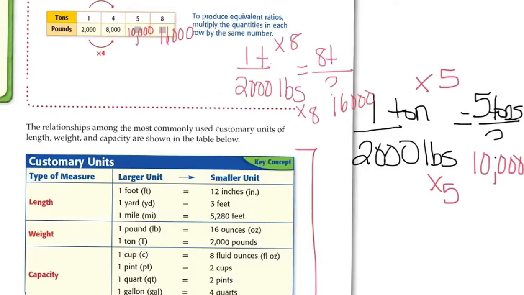You can see here that 1 foot is 12 inches, 1 yard is 3 feet, 1 mile is 5,280 feet, 1 pound is 16 ounces, 1 ton is 2,000 pounds, 1 cup is 8 ounces, 1 pint is 2 cups, 1 quart is 2 pints, and 1 gallon is 4 quarts. Those are all things that are important. During this unit, you can use this chart to help you with problems. Okay?